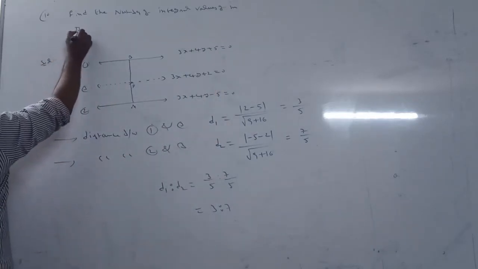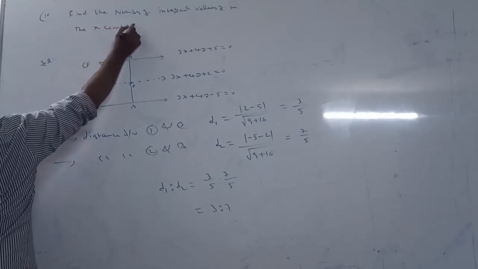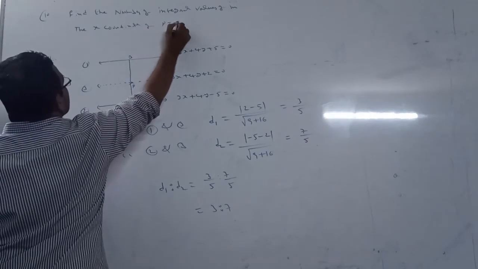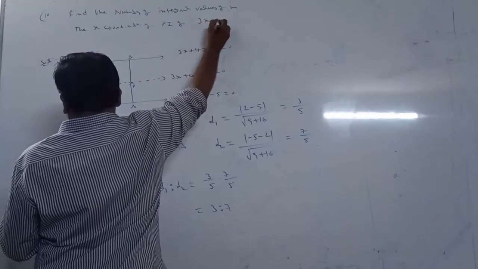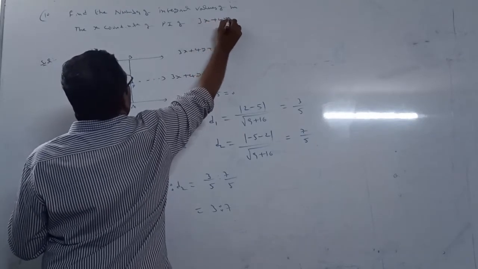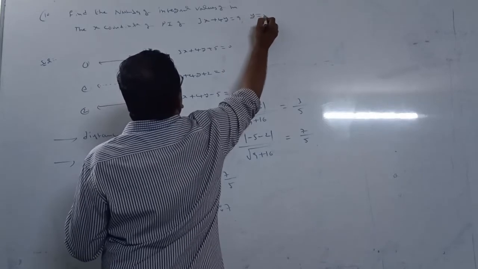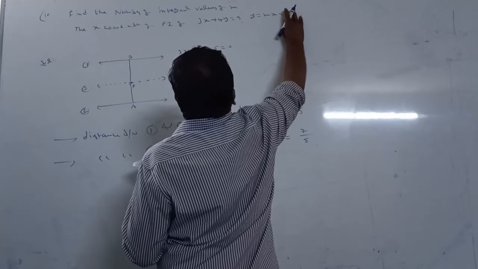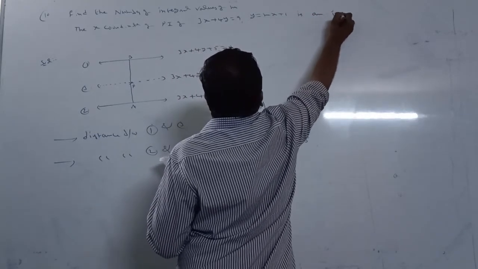The x coordinate of the point of intersection of 3x + 4y = 9 and y = mx + 1 is an integer.